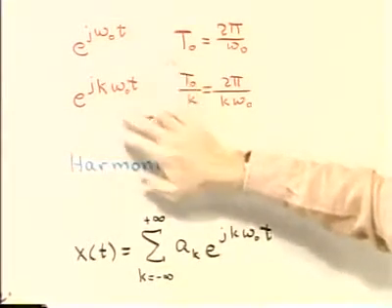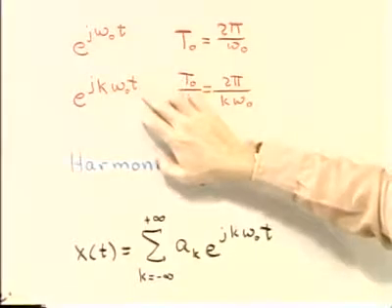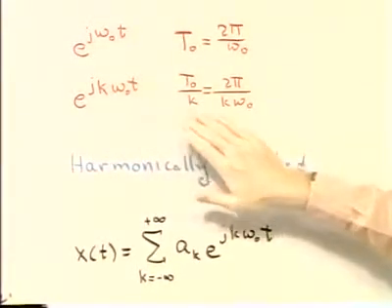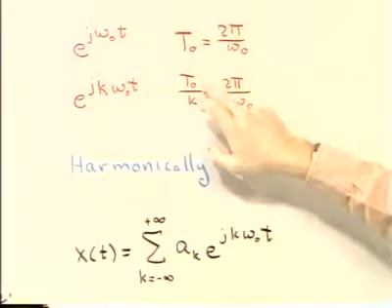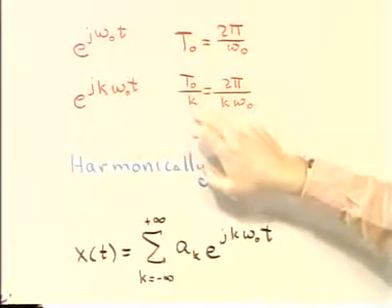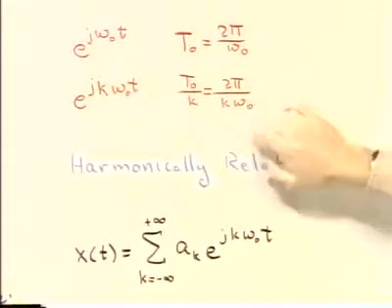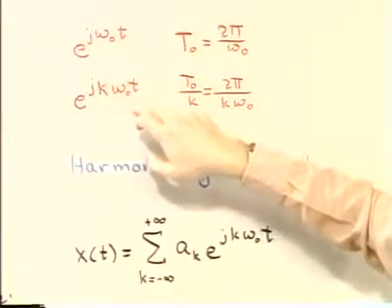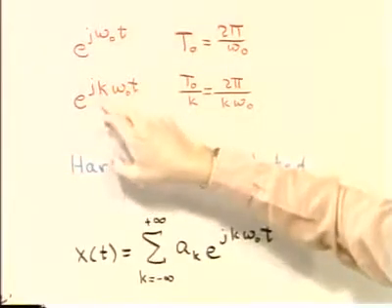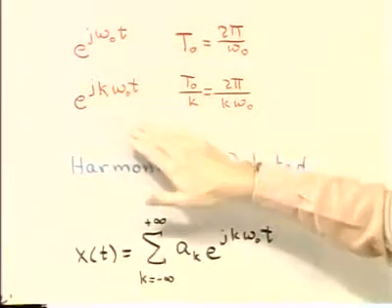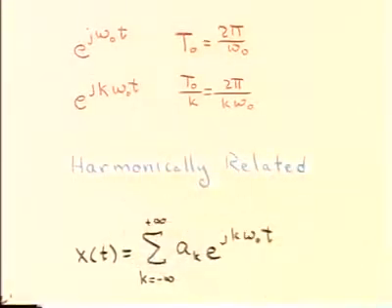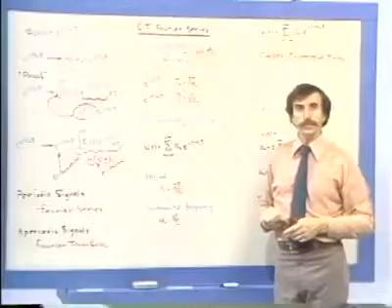These likewise are periodic with a period of t0, although in fact their fundamental period is t0 divided by k, or equivalently 2 pi divided by their fundamental frequency k omega 0. So as k, an integer, varies, these correspond to harmonically related complex exponentials.